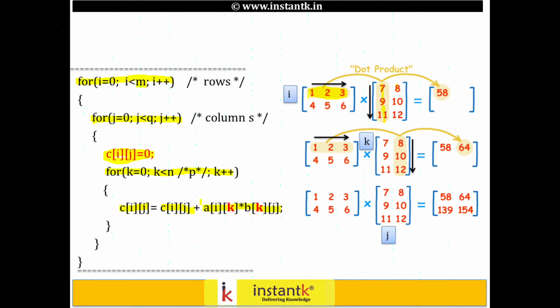So basically we multiply A of i of k, these things with these things, to get a resultant of C of i of j. And then in the second one, when k becomes 1, what we do is we multiply A of i and move like this, the k1 moves like this, and we multiply with the second entry.